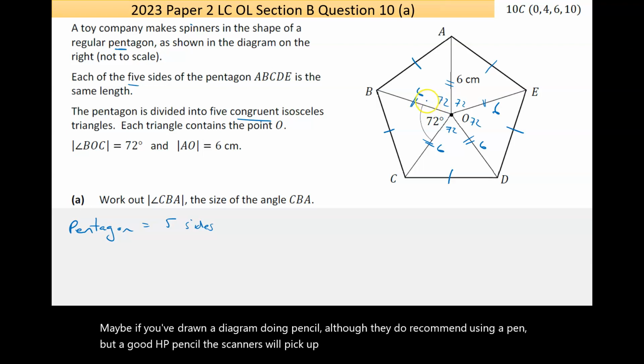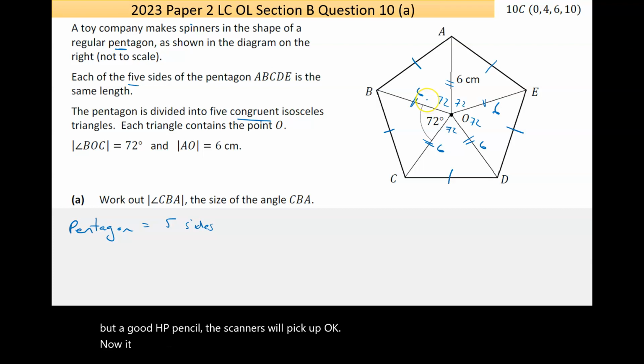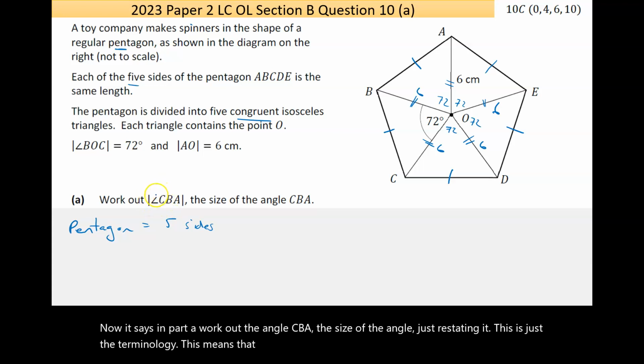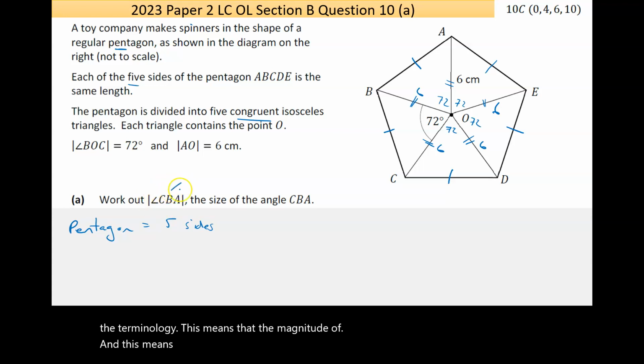Now it says in part A, work out the angle CBA, the size of the angle. Just restating it. So this is just the terminology. This means the magnitude of, and this means the angle, and the middle one is what matters. So they're working out CBA.